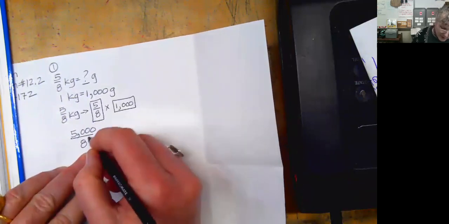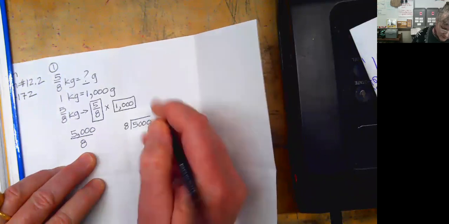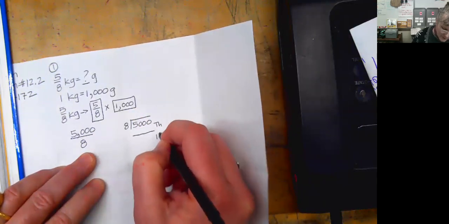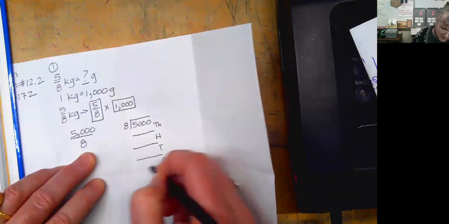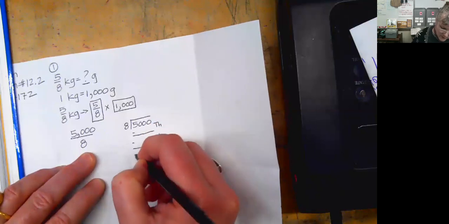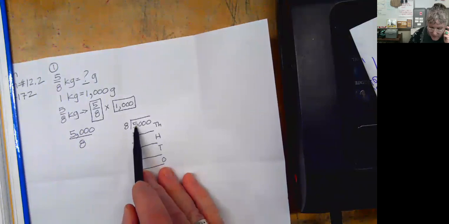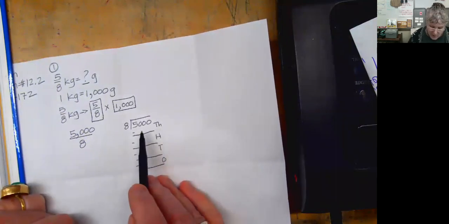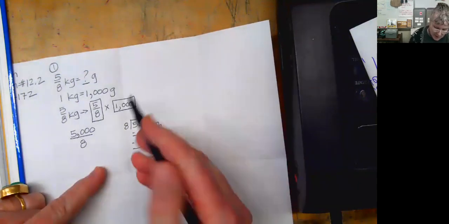And then when I go ahead and divide that, get my division problem set up there. I know that this is thousands, so I'm starting with thousands territory, right? So I know that 5 is in the thousands place. 8 will not go into 5.